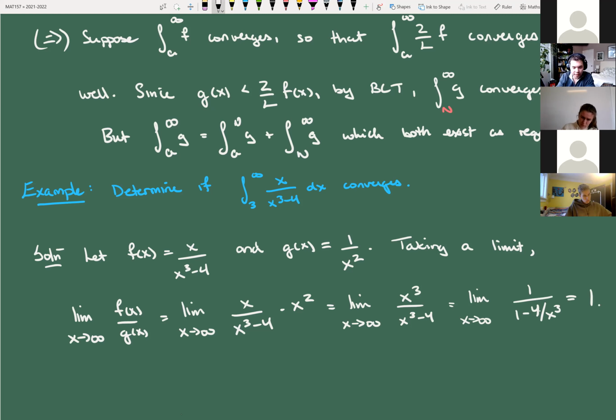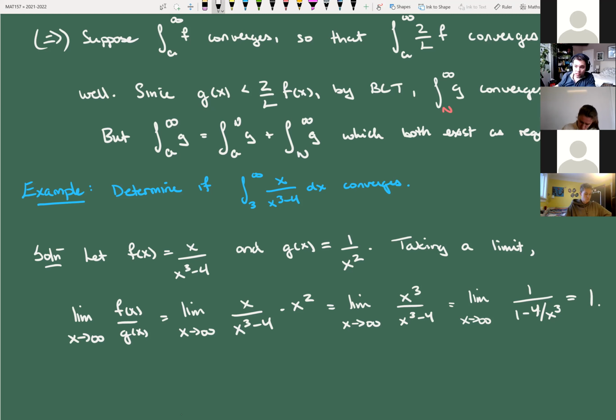As a dirty cheat, if you have a polynomial in the numerator and a polynomial in the denominator, you'll have a finite limit precisely when the power of the numerator is the same as the power of the denominator. And in that case, the limit is actually the ratio of the coefficients of the highest powers, right? So in this case, we've got an x cubed in the numerator, its coefficient is 1, x cubed in the denominator, coefficient is 1, so the answer is 1 over 1, right?